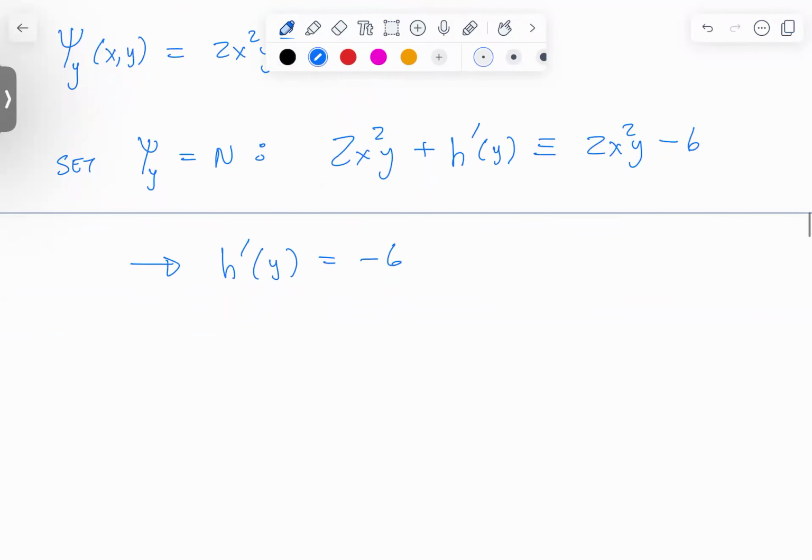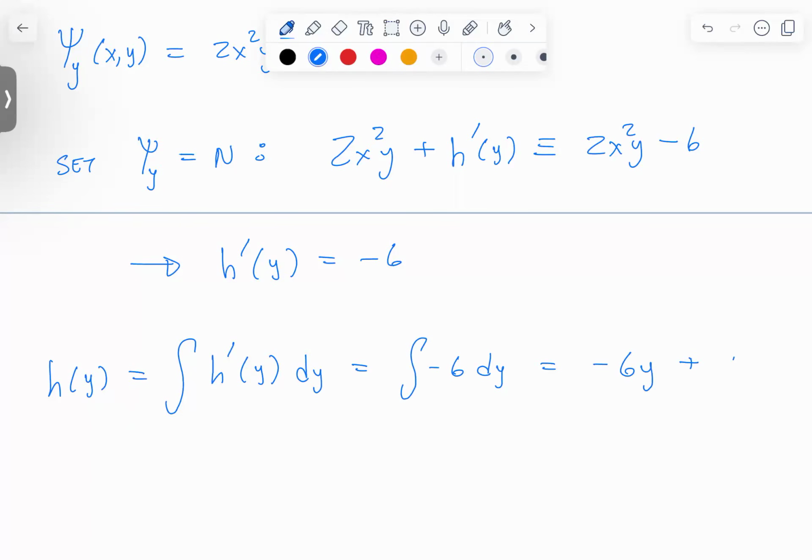That one barely needs an integral to solve. And then again, I can add the plus c on there.